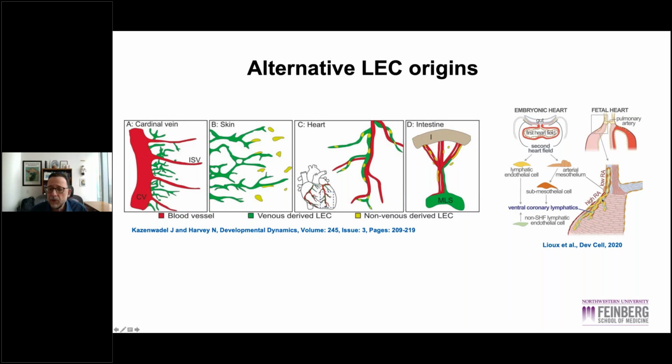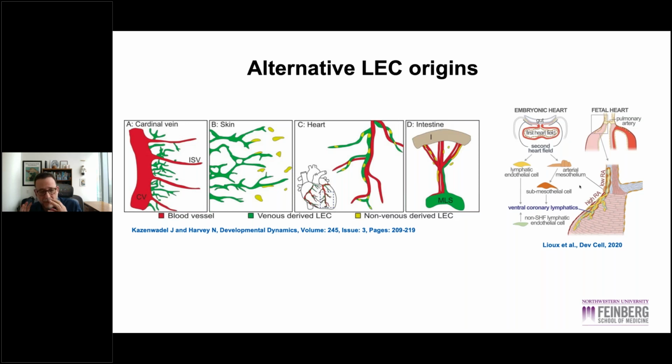And in the case of the heart, that's probably the most convincing evidence, coming from Miguel Torres' lab in Spain, showing that for the ventral heart, 50% of the lymphatics originate from the second heart field. They are also dependent on PROX1 expression.